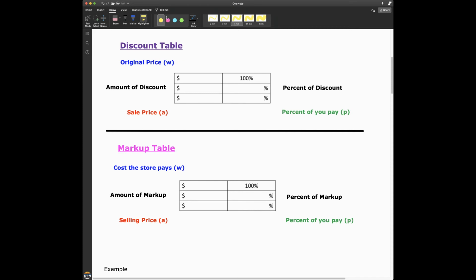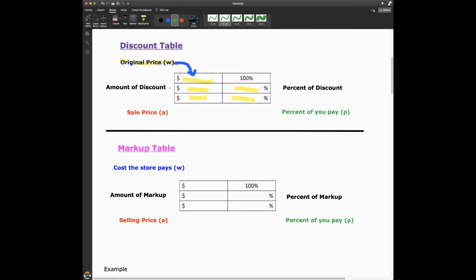And each one of these parts of this table has a name. The first box in here, this is the original price. That's where you'll put the original price, always. Always put the original price there, okay?